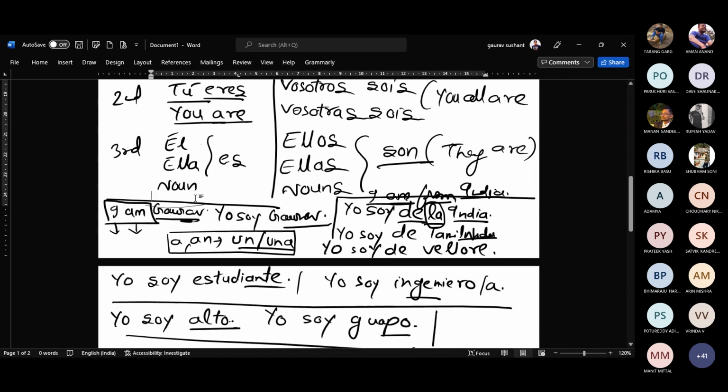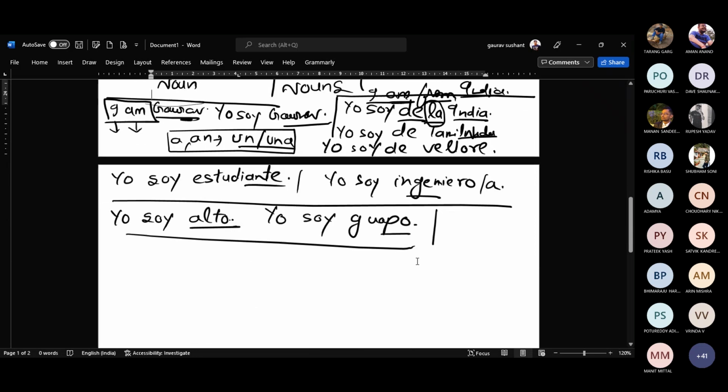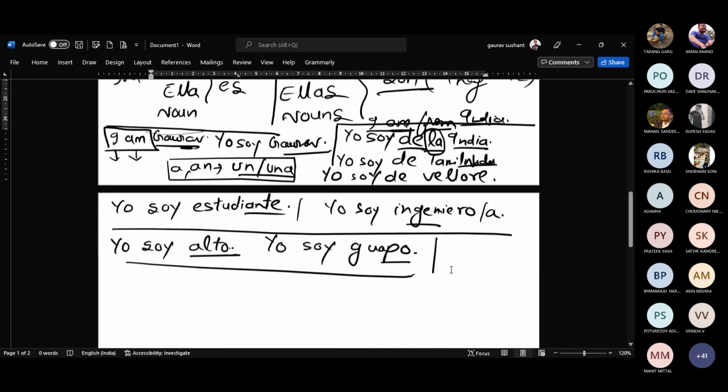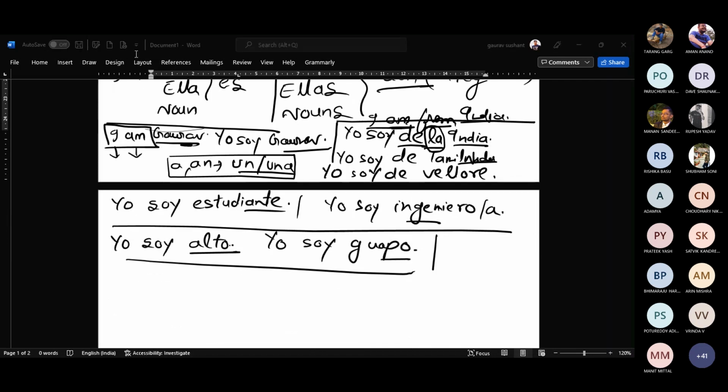In Spanish it will start with el, then es, and like that you can do it. For today we will keep it till here. In the next class we will have the exercise, and then you will be able to understand it in a better way.